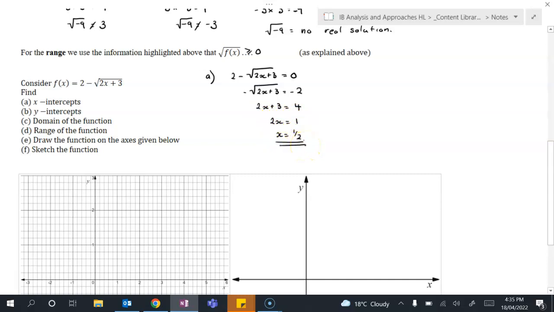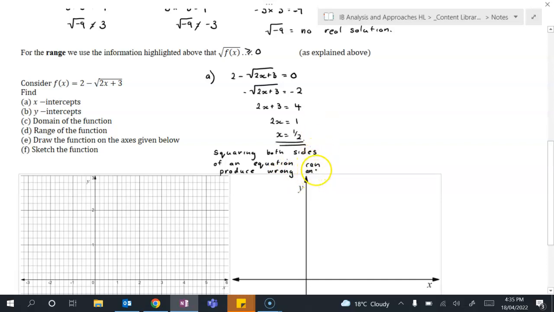Now it's always worth double checking answers when you've squared both sides of an equation, because squaring both sides of an equation can produce wrong answers. So it's always important to check the answer that you get.